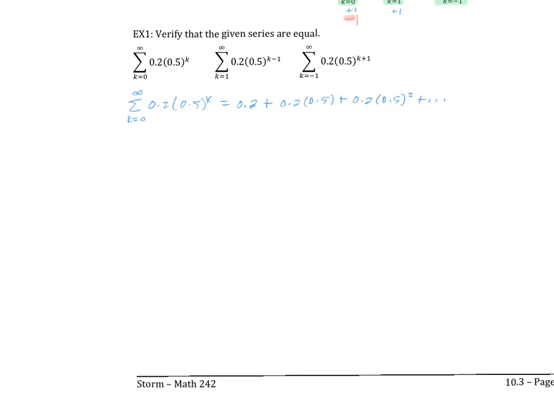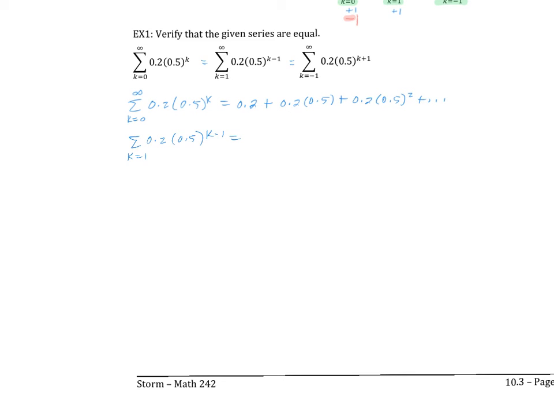Now let's compare this to the next summation. I'm just trying to show that these are all equal to each other. We start with k equals 1, so we added 1 to our starting value, and we subtract 1 from our expression. And this is 0.5 to the k minus 1. Is it the same?